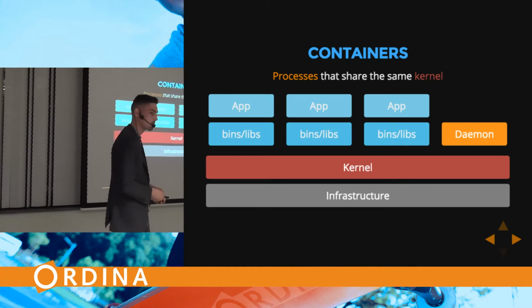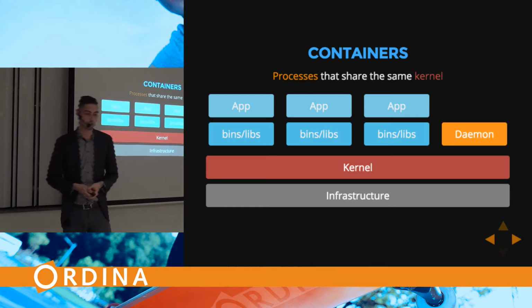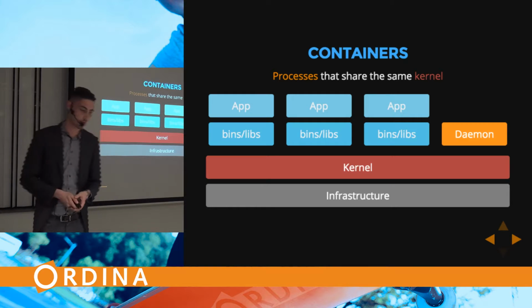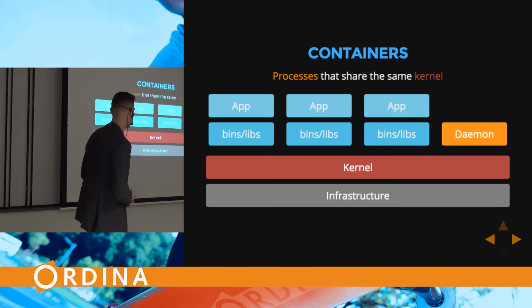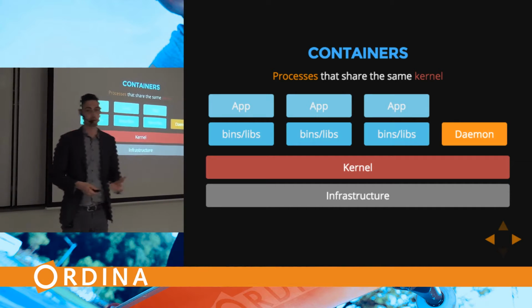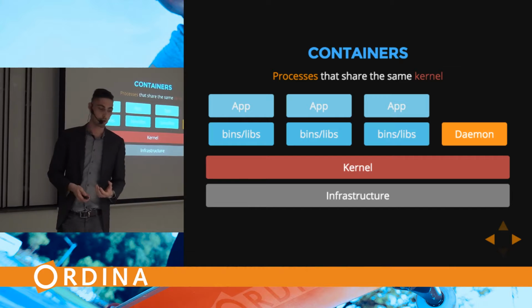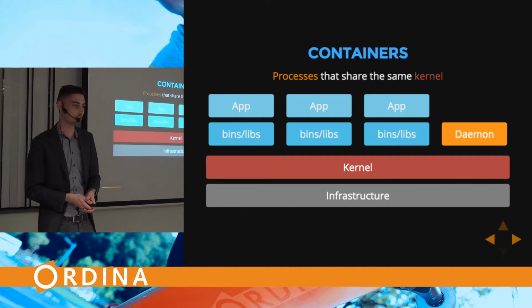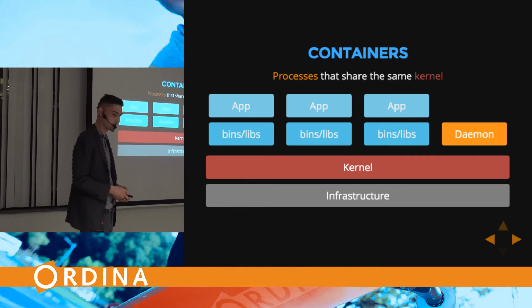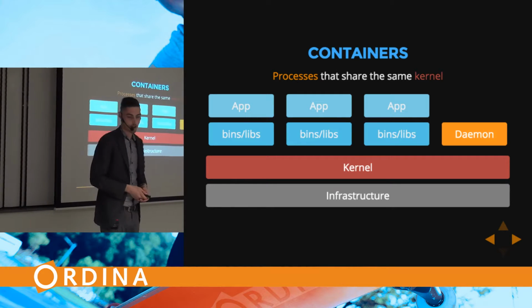In our case, that's the Docker daemon, which manages these containers. So if you want to replicate this and boot a container, it goes much faster because you don't need to have a guest operating system installed on the container. So it's much smaller and much faster to boot.